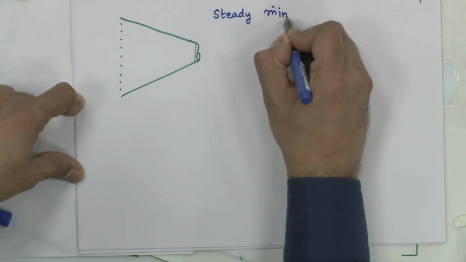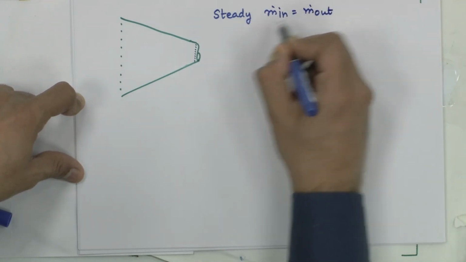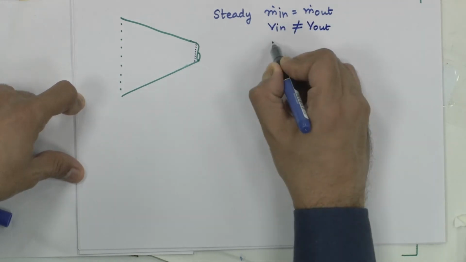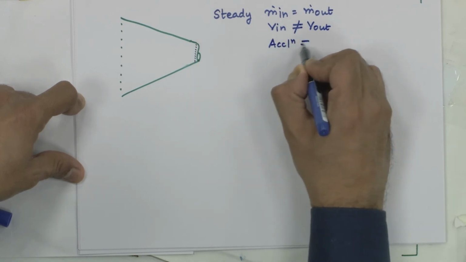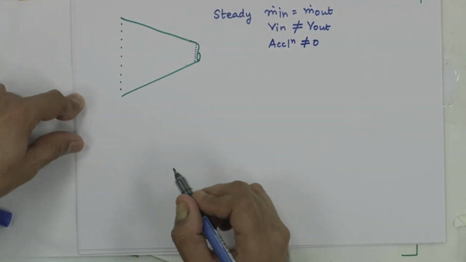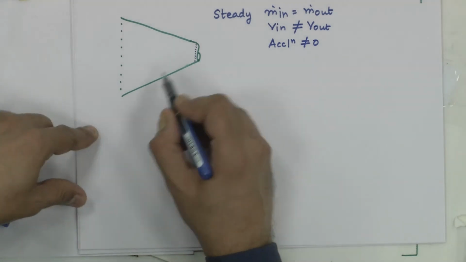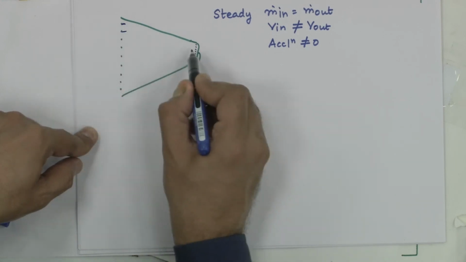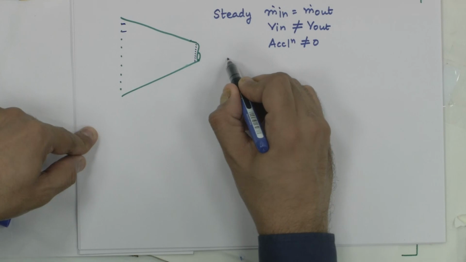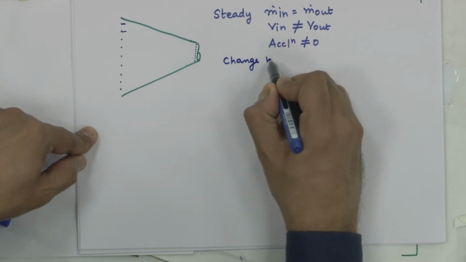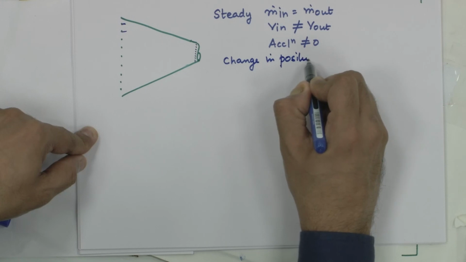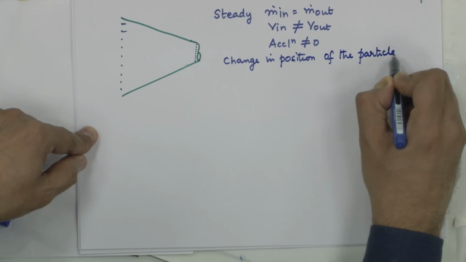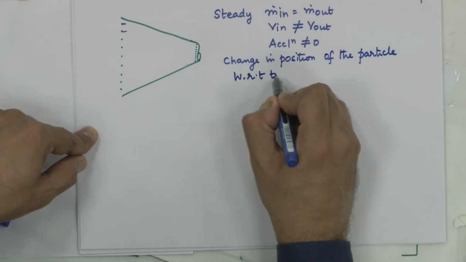m dot in equal to m dot out, we know that, but V in is not equal to V out. Acceleration not equal to 0. Who and what causes this? This is caused because the relative positions, the distances between the particles, have changed because of change in position of the particle with respect to time.